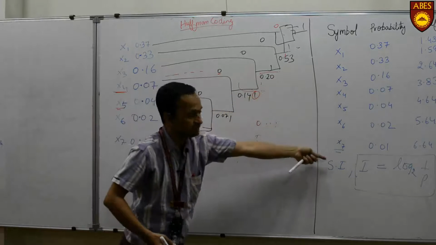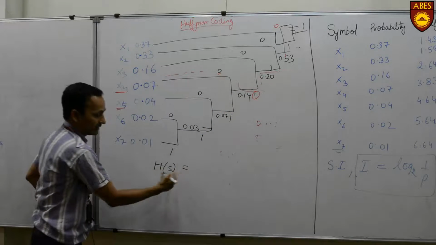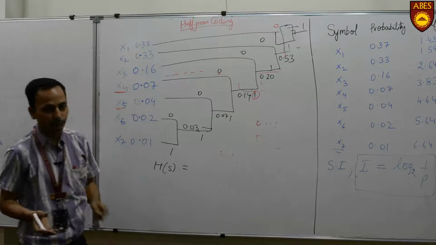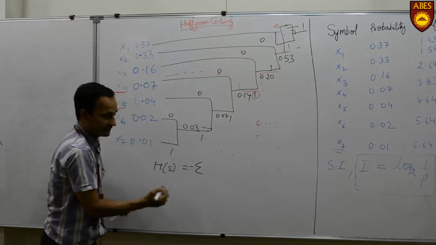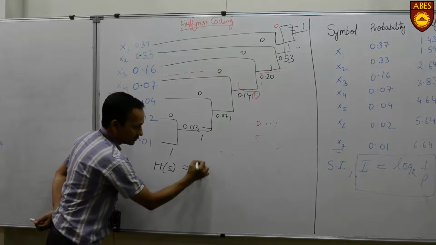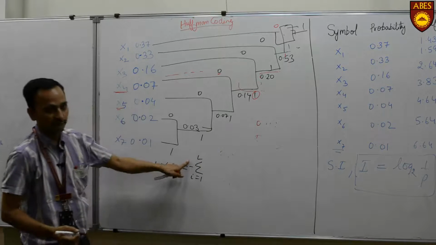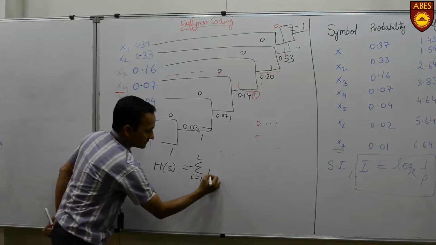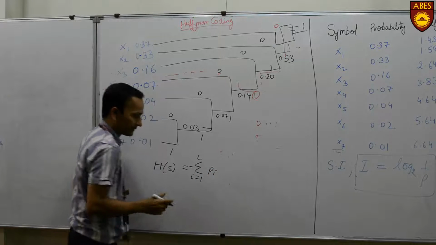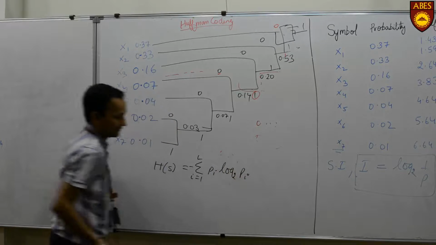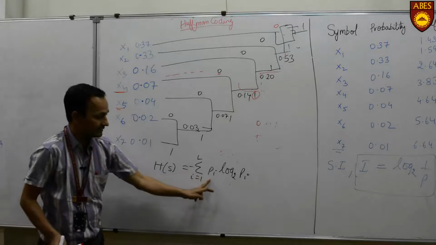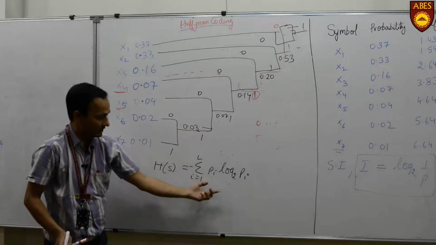So calculating the entropy of the 7 symbols, I had to use this formula: summation i equal to 1 to L, where L is my total number of symbols, of Pi log2 Pi. Here Pi is the probability of each symbol.